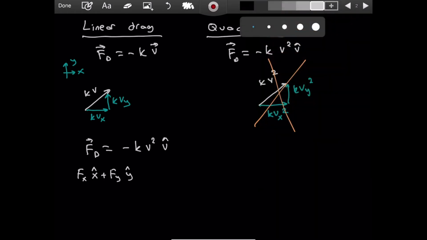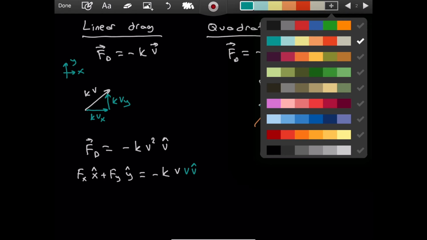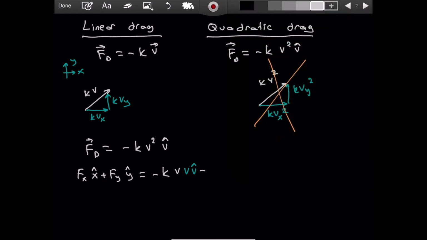Now this will be equal to negative k v, and then we have v times v hat. What is v times v hat? Well, that is going to be the velocity. So we can simply write negative kv and then the velocity. Alright? Now, what about the velocity though?